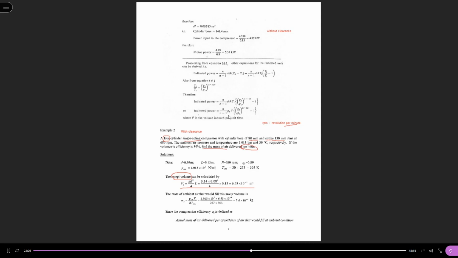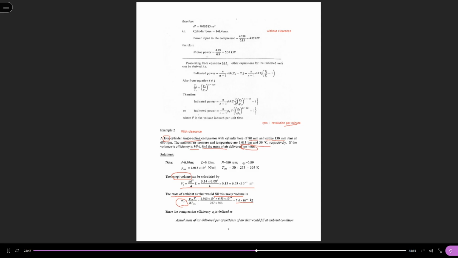If we take the air at this pressure and temperature, we can use the perfect gas equation to calculate the mass of ambient air that will fill this swept volume. However, we have volumetric efficiency, and this is without clearance. This is the mass of ambient air which can be induced by this compressor.